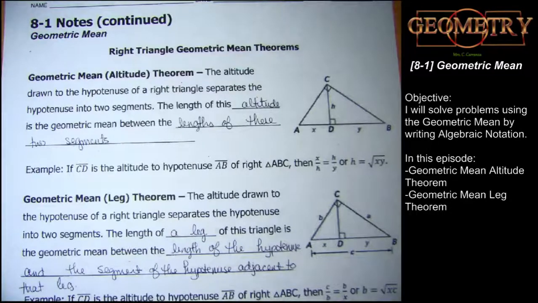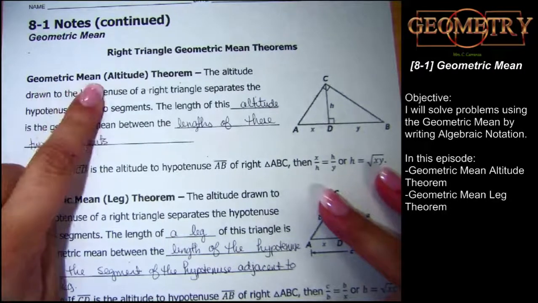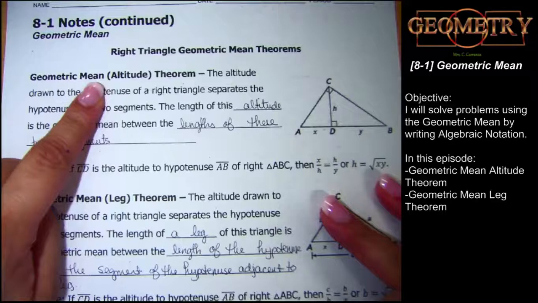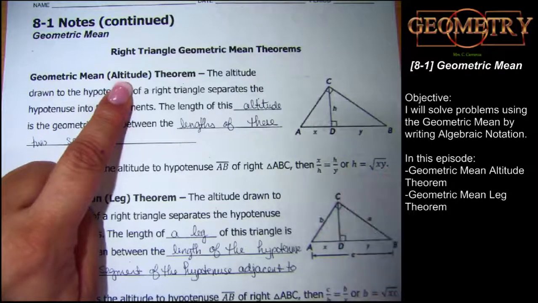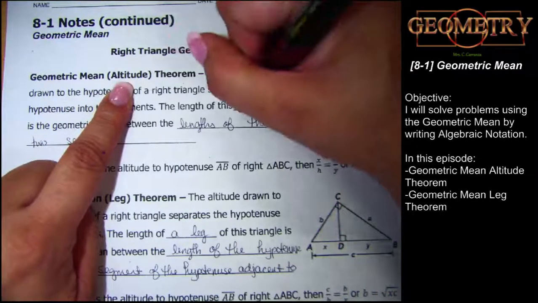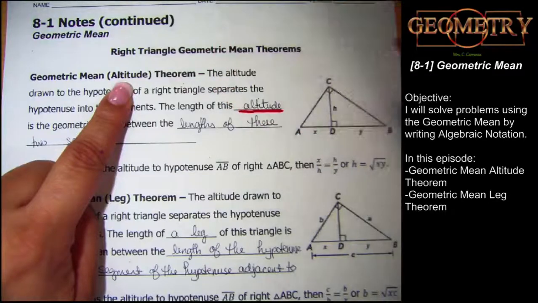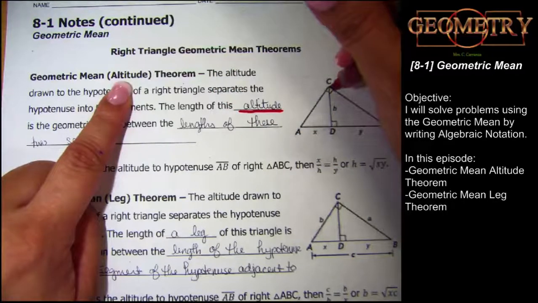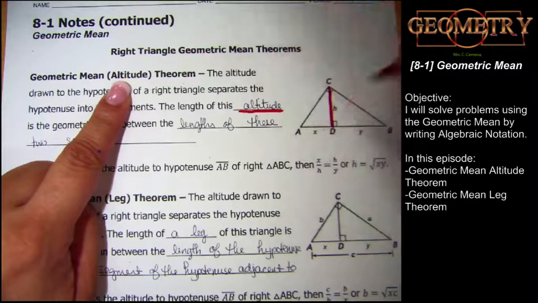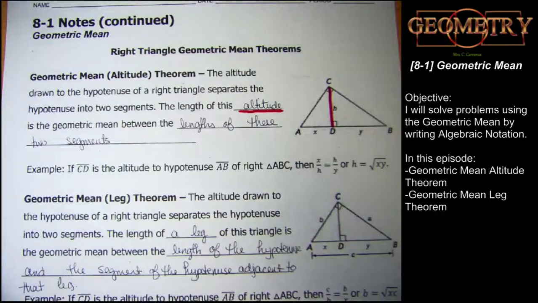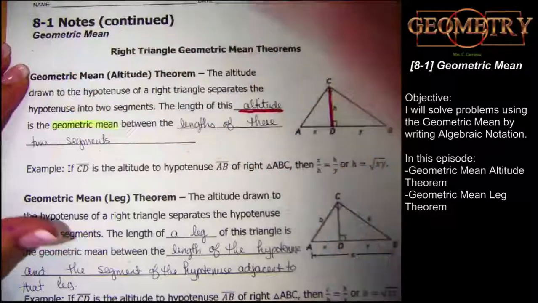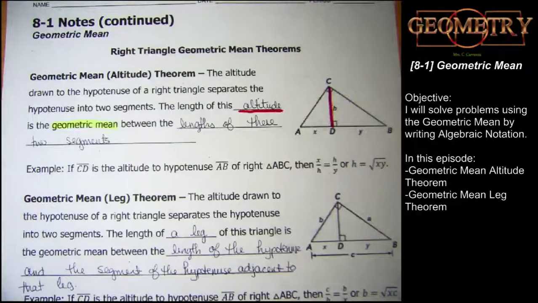So without further ado, here are our shortcut formulas. You ready? The first one, geometric altitude. So what this says is if we've got a right triangle with an altitude, the length of this altitude is going to be the geometric mean, the square root of the things multiplied together.